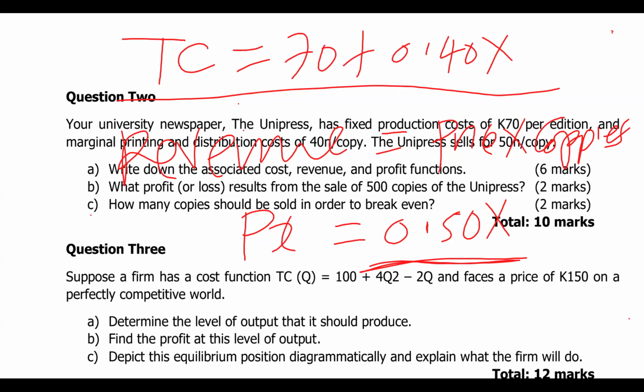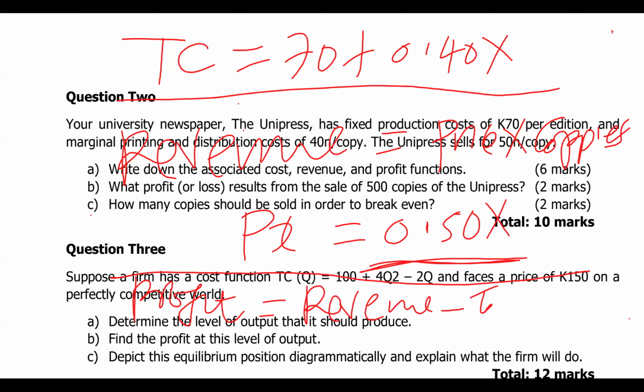We need the profit function. Remember, we have the total cost function on top, then the revenue function, then the profit function. How do you find the profit? The profit is revenue minus the total cost. You just deduct the costs from revenue.